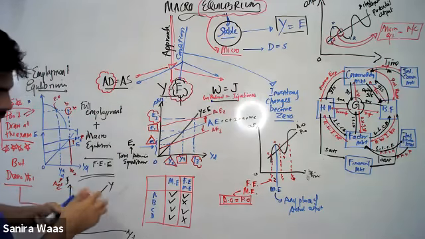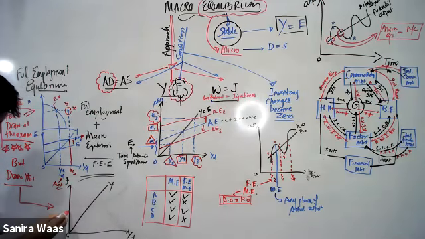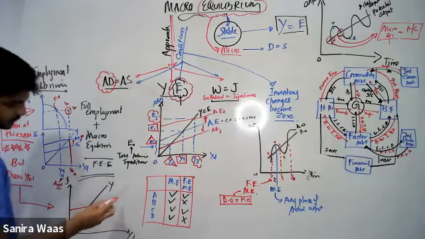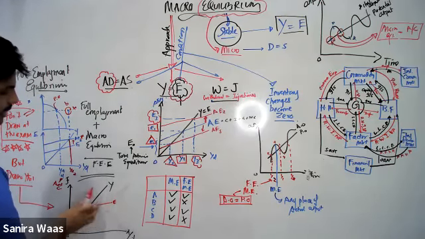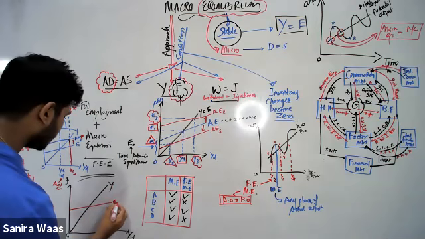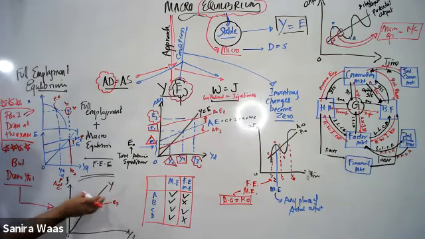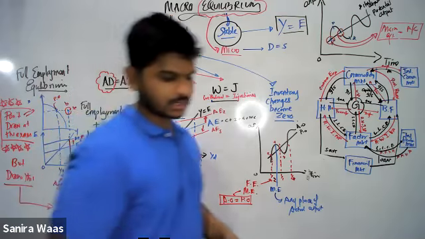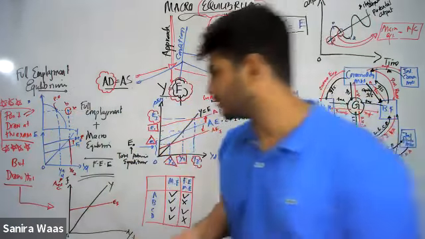So you can first draw your expenditure, and this might be your full employment expenditure. Okay, simple. This is your full employment expenditure, right? And this is your full employment equilibrium.